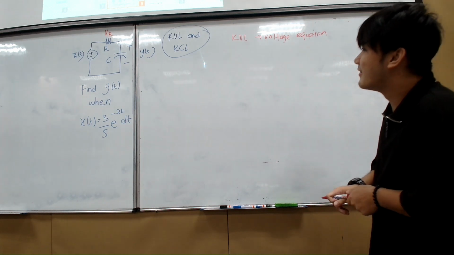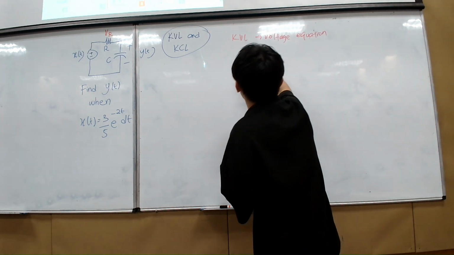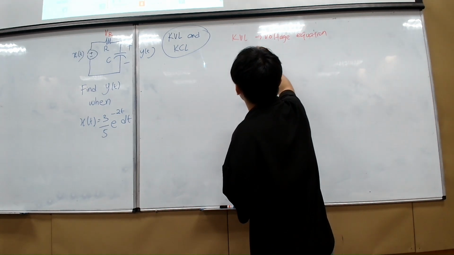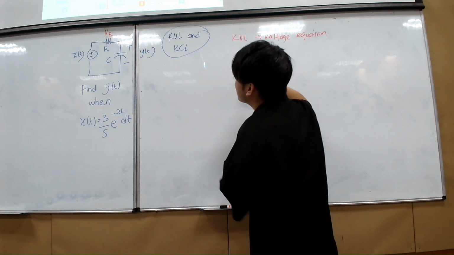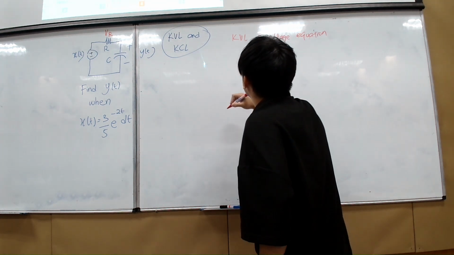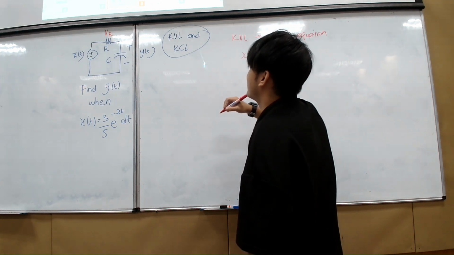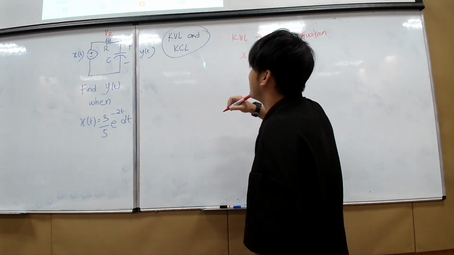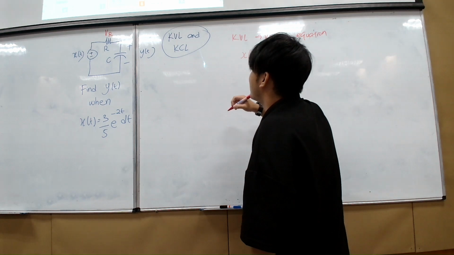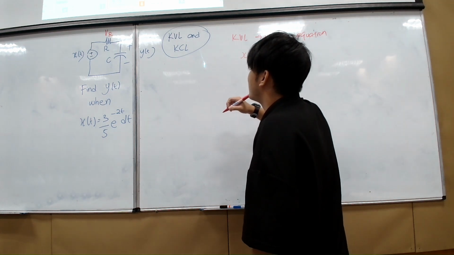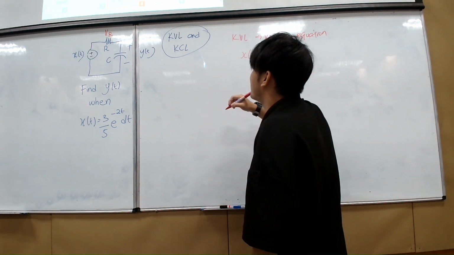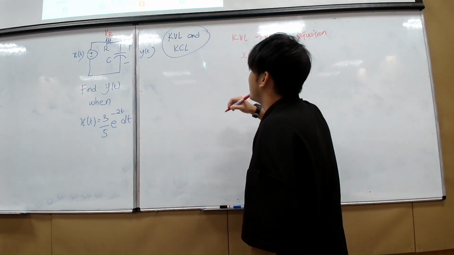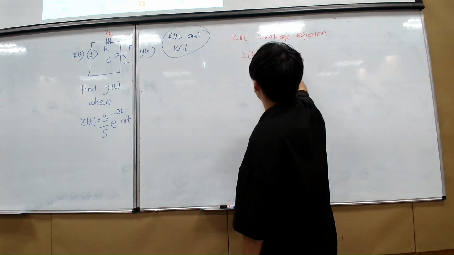Just write it. Because KVL is about voltage, it means that you must consider the voltage across each component. You have a resistor, so you have voltage across the resistor. You have a capacitor, so you have voltage across the capacitor. You have an input source, the voltage is XT.